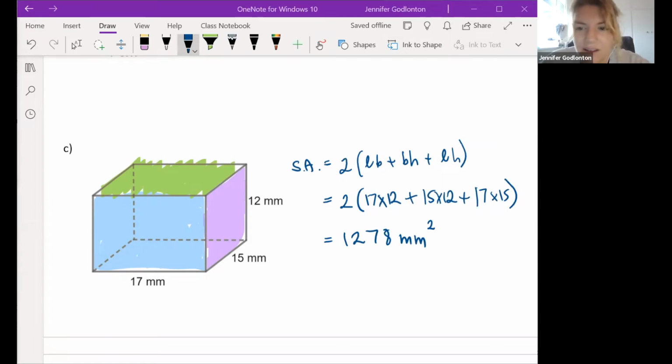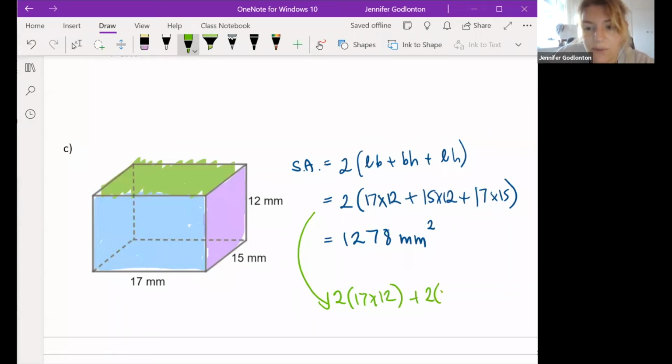I did it similarly to how Burlington was explaining, but I got the correct answer. Yes, that's totally fine. You're welcome to say 2 times 17 times 12 plus 2 times 15 times 12 plus 2 times 17 times 15. Totally fine to write it that way.